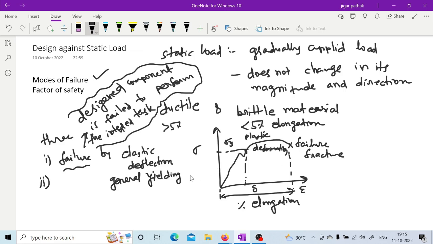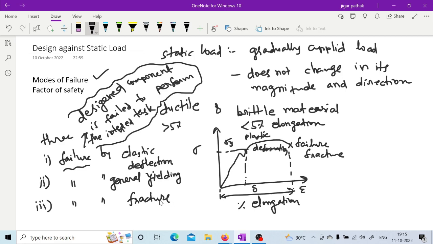So sometimes, if the component you have designed is going to be plastically deformed, then also it is not going to be able to perform its intended task, and that is why it is known as a failed component. So failure by general yielding is also one of the modes of failure. And finally, failure by fracture.